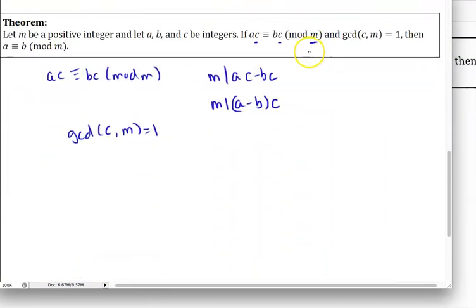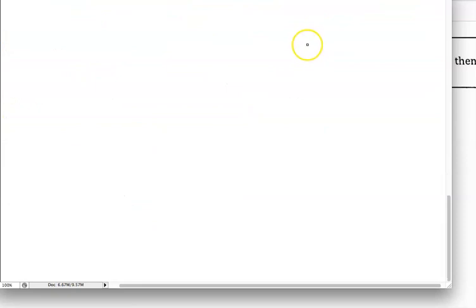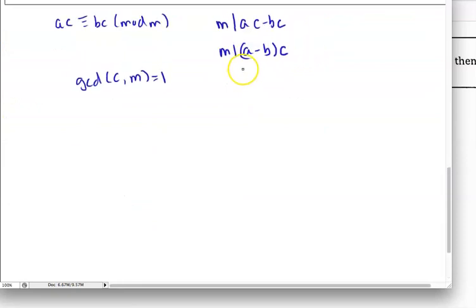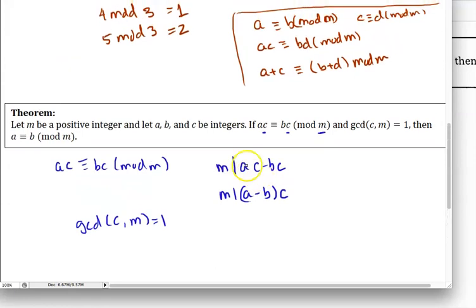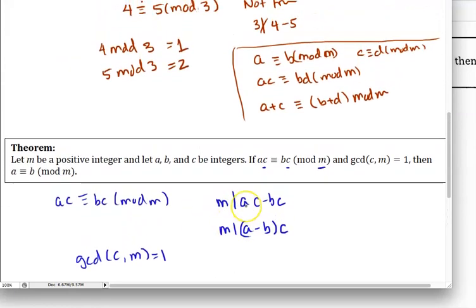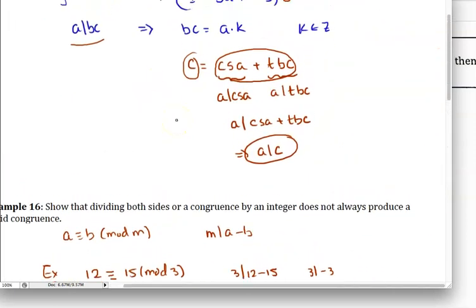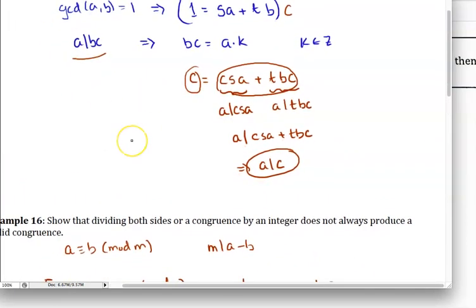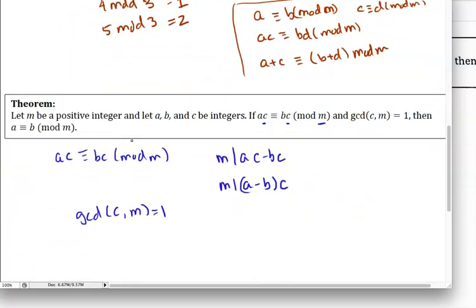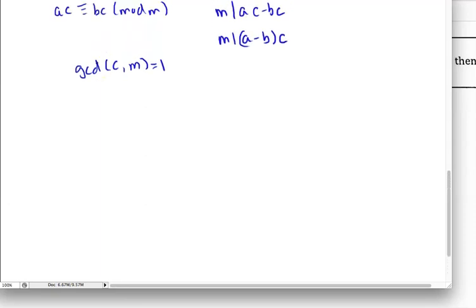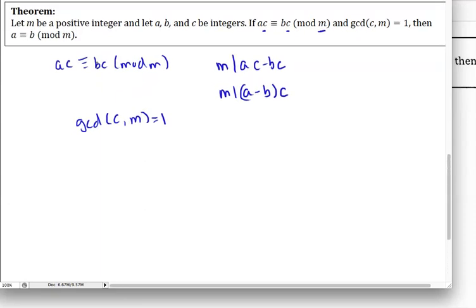So that theorem says that because m doesn't divide c, m will divide a minus b.